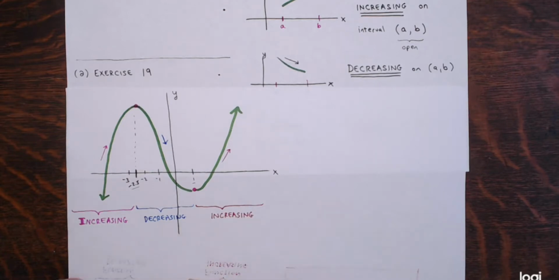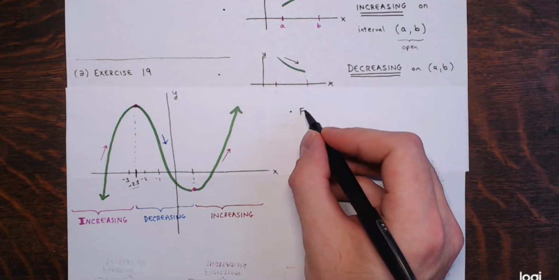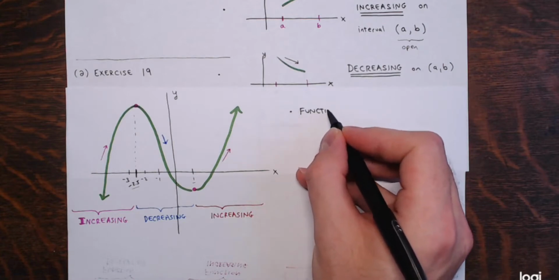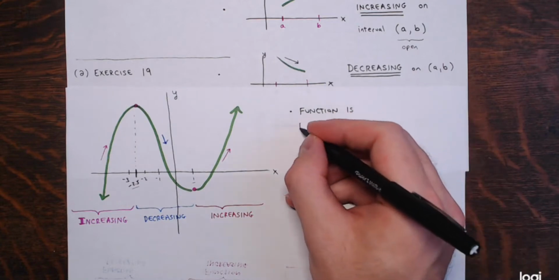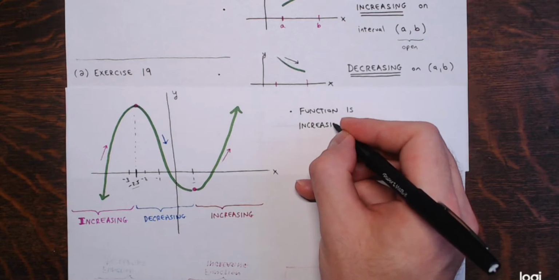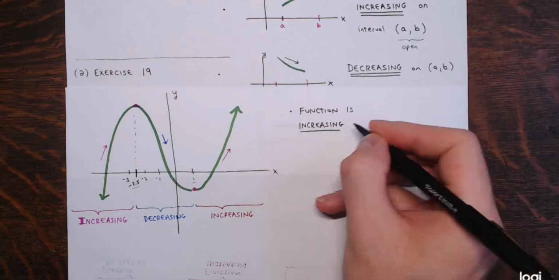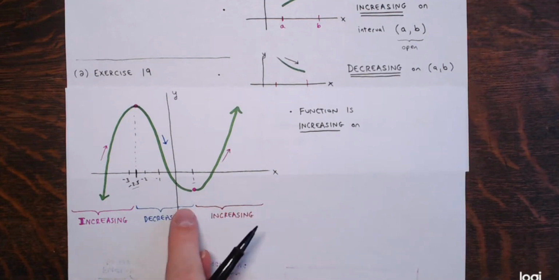Alright, so here's what we're going to state. First I'll do increasing, right? So this function is increasing on, now there are two intervals with a gap between them where the function's increasing.